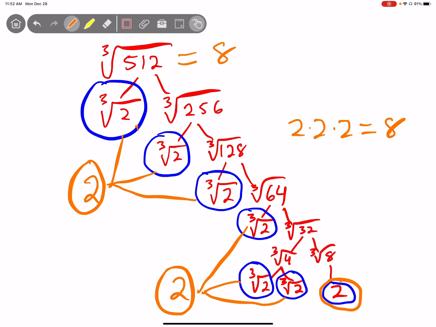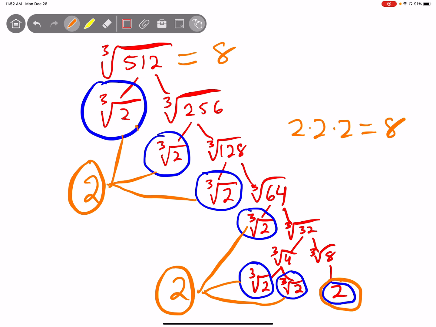Now you will have situations, again, where you have uneven cube roots. Just like when we had uneven roots, we have uneven cube roots, meaning that your answer is not just going to be a whole number like 8. So what does that look like?